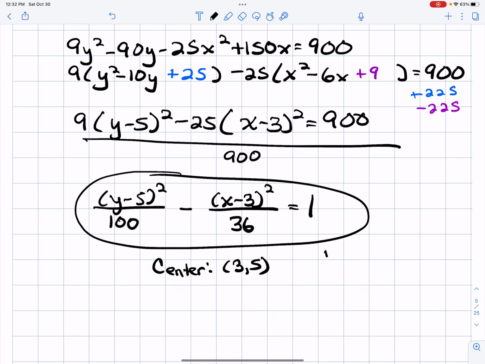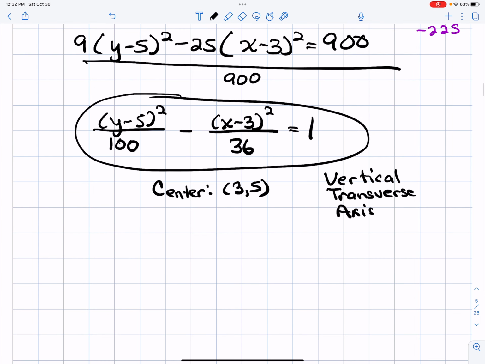This has a vertical transverse axis. So if you went through and graphed it, this is one of the ones that opens like this. Has your center and foci and all that along that transverse axis.